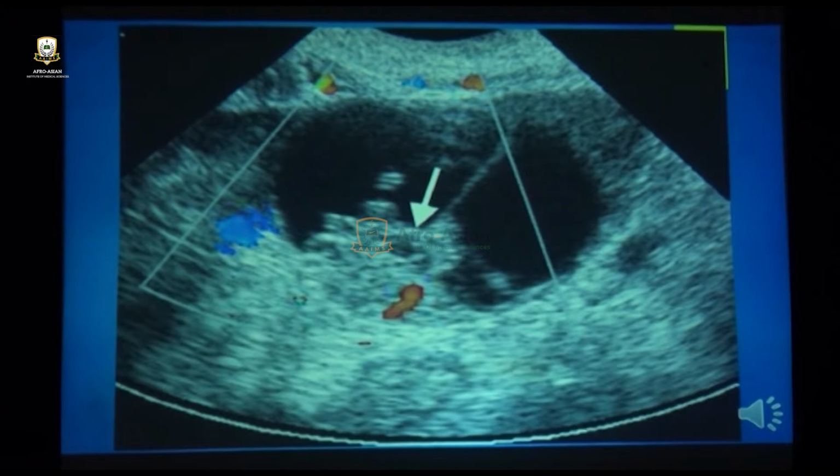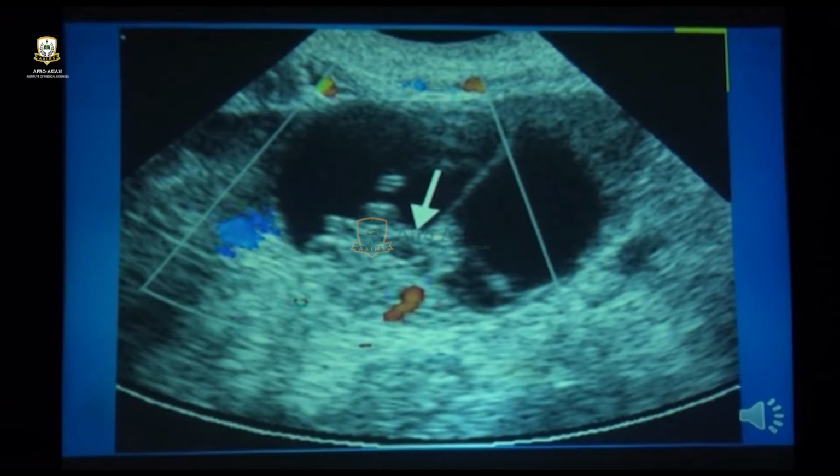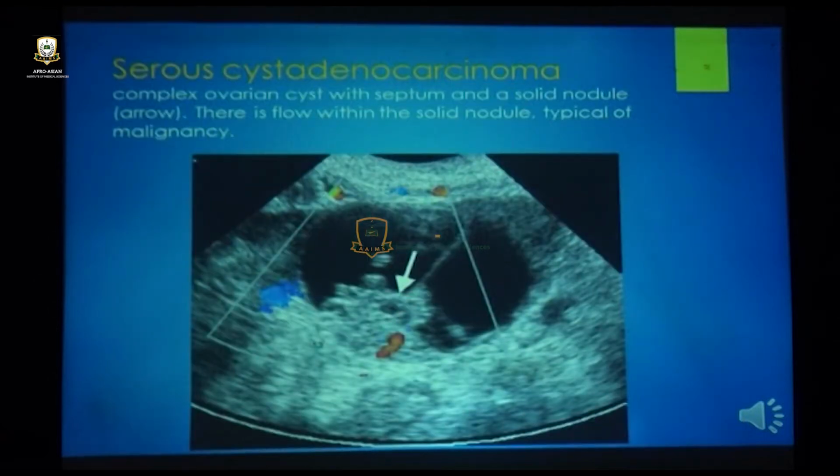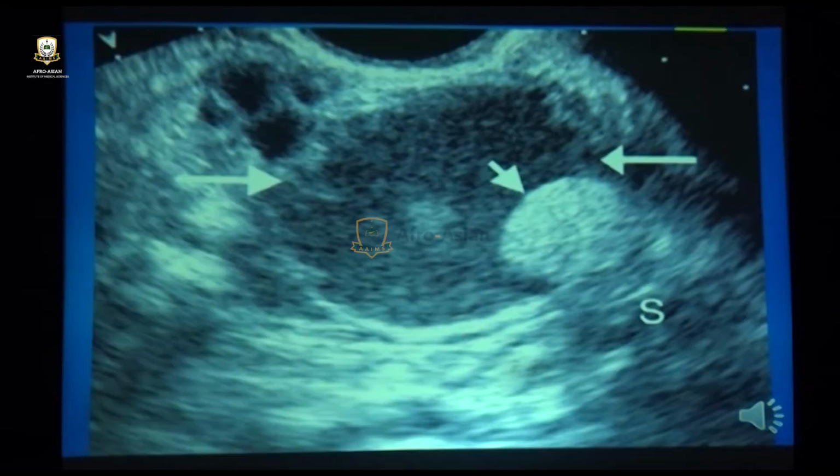This is the cystic part, this is the solid part. And there are septations, the septa are thick, and there is Doppler blood flow within it. This is a serous cystadenocarcinoma, a complex ovarian cyst with septum and a solid nodule. There is flow within the solid nodule, typical of malignancy.